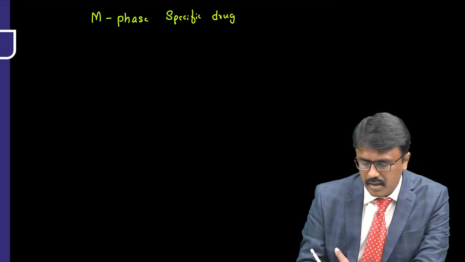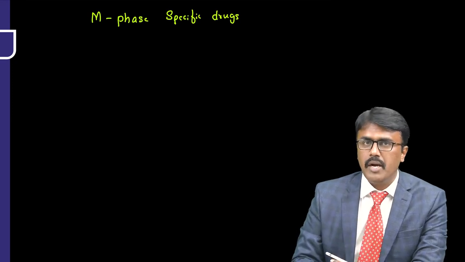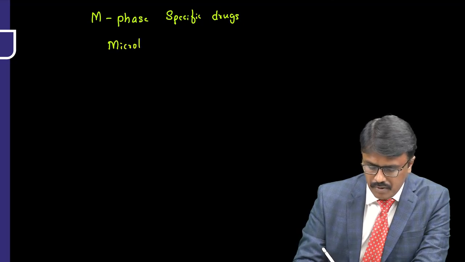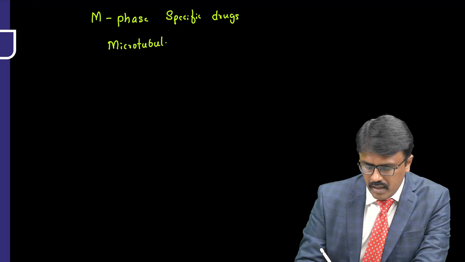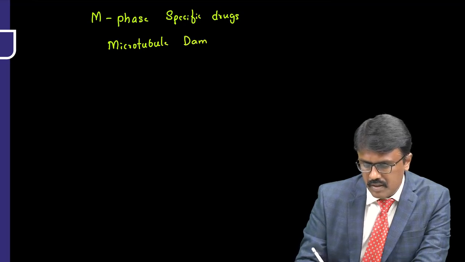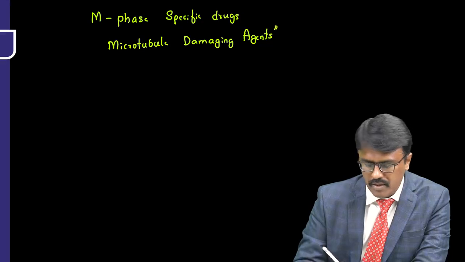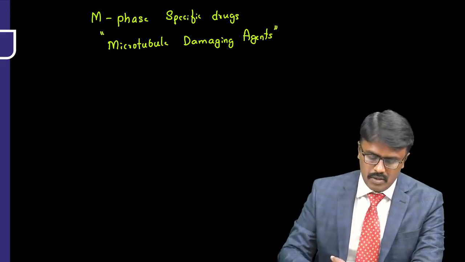Now, what do you mean by the M phase? I told you it is the mitotic phase. These drugs are also called microtubule damaging agents. Now, how do they damage the microtubule? Let us understand. To understand this, let me draw a cell.